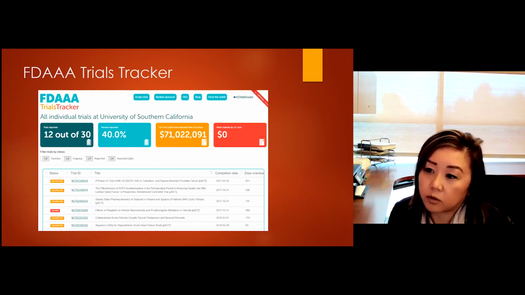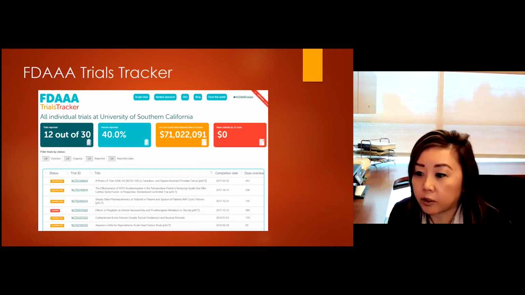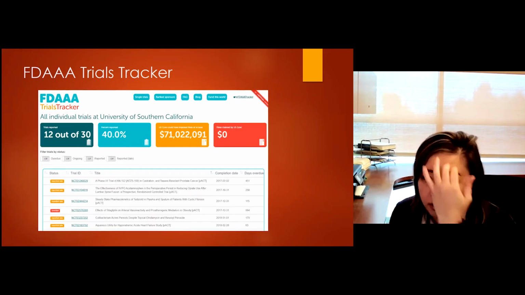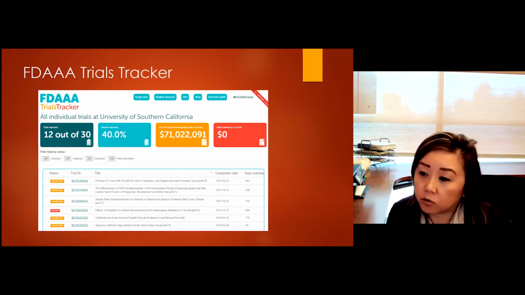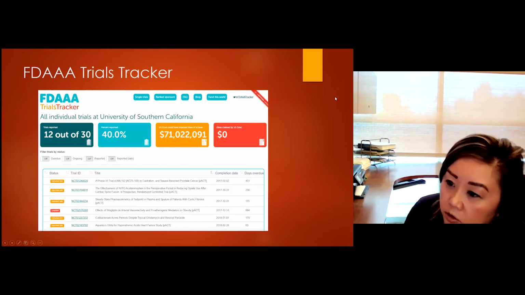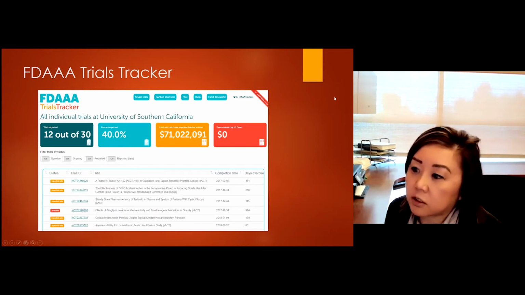Within their website, it funnels the people who have reported late, and once you've reported late, that status stays. If it's overdue, it'll state that it's overdue. If it's still pending, they'll indicate that it's still pending. So their information downloads from clinicaltrials.gov, and they'll track all of the agencies.